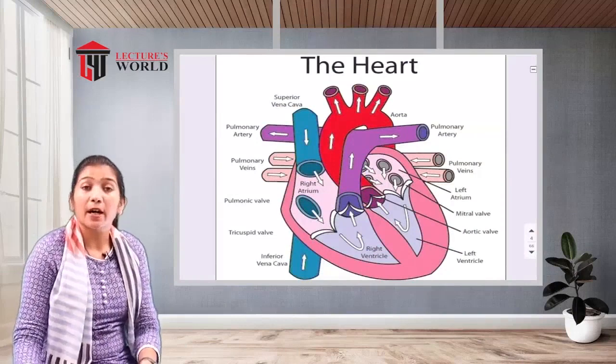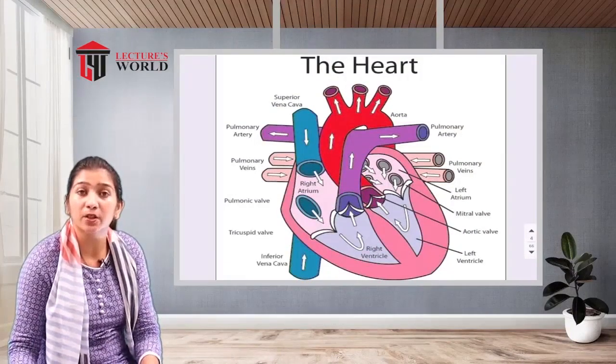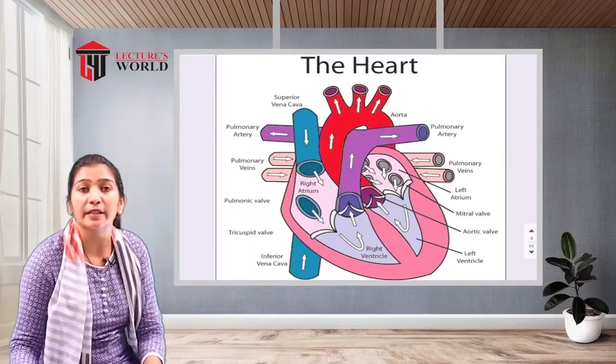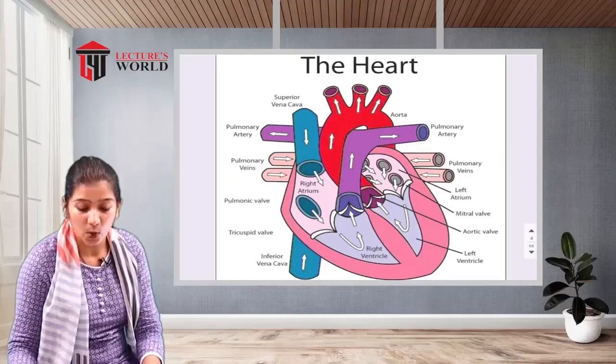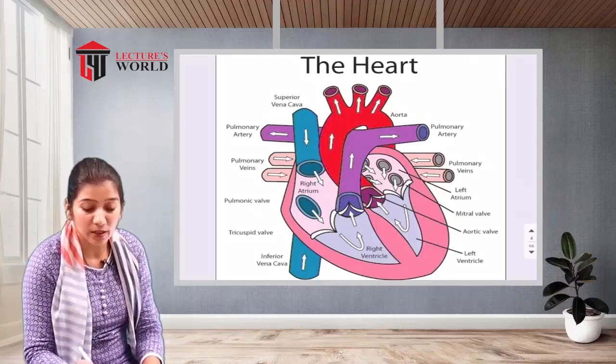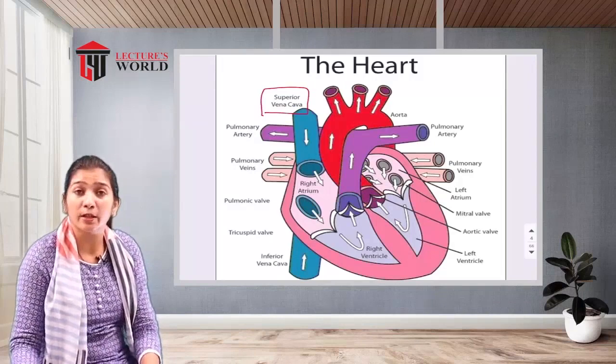Now these are all the parts of the heart. You can see in the picture there are several parts: several chambers as well as the valves, veins and arteries. The blue one you are seeing is the superior vena cava. What is the function of the superior vena cava?